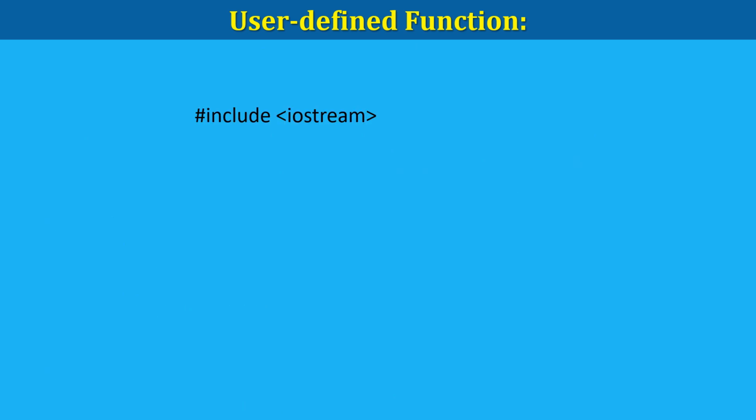User-defined functions. #include <iostream> is a preprocessor directive that tells the compiler to include the standard input output stream library, which is necessary for using cin and cout.